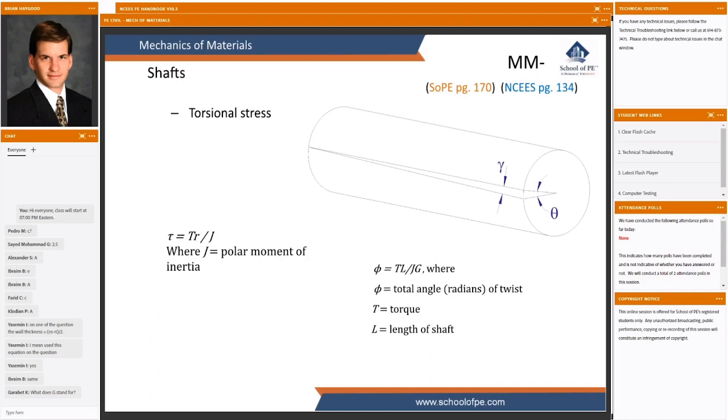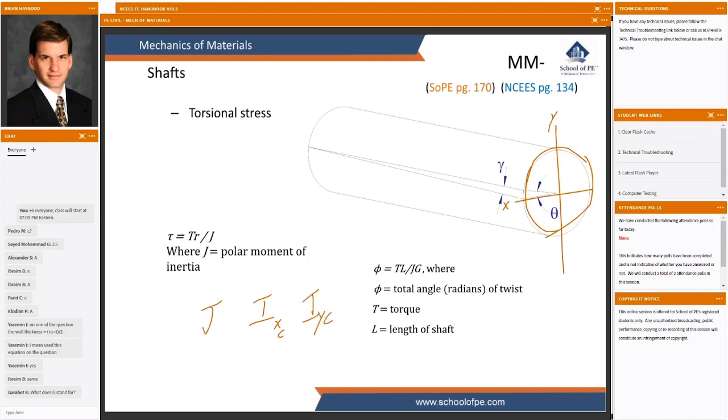We haven't run into it yet, but we will. In addition to the area moment of inertia I, we could, for example, look at this round cross-section and say that if we were to bend this bar about an x-axis, that would involve an IX through the centroid. If we were to bend it about a y-axis, that would involve an IY through the centroid.